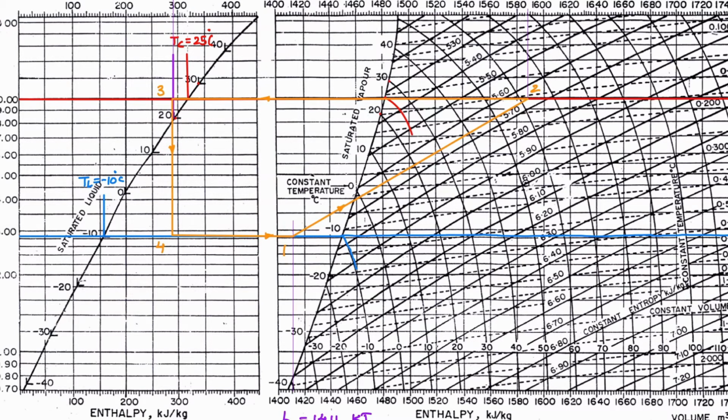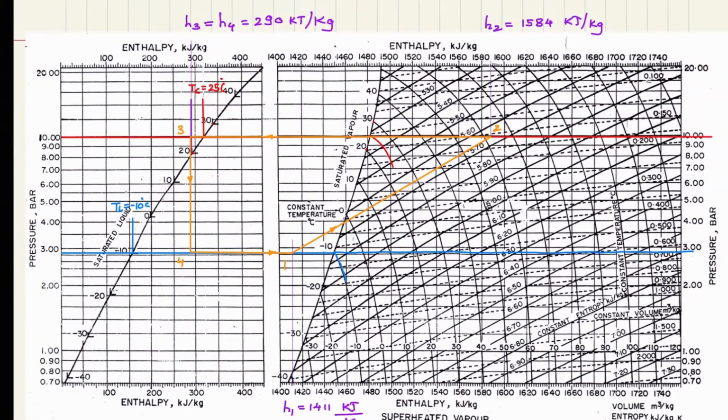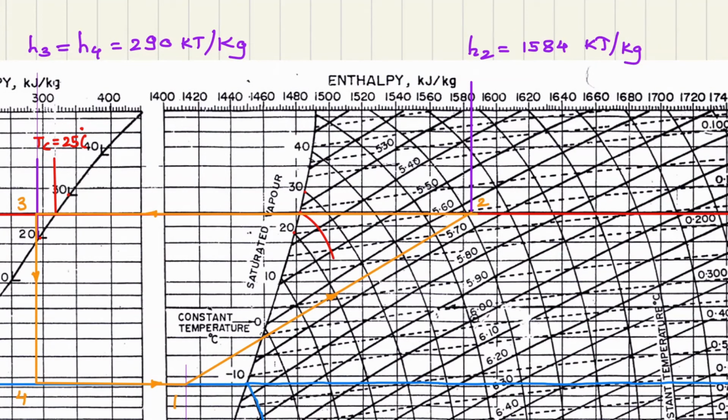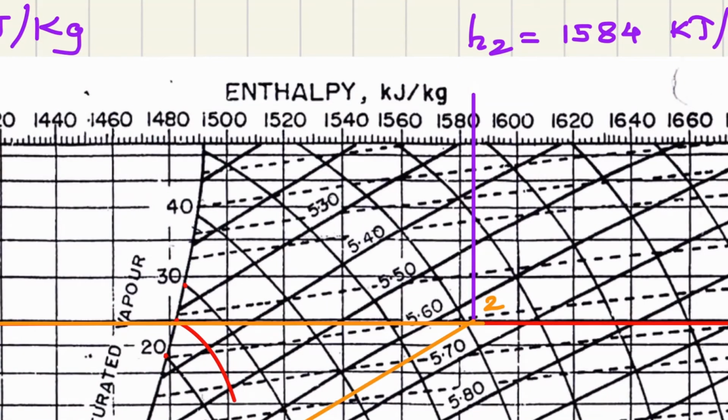Now after drawing all the arrows and completing the cycle, we need to read the values of enthalpy. So extend point 2 and point 3 on the x-axis. Either you can extend point 3 in this direction or point 4 in this direction. Draw a vertical. If you extend point number 2 over here, you have to read that this is 1580 and this is 1600. In between we will have 1590. So it is around 2 divisions.